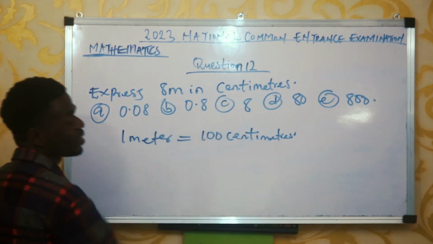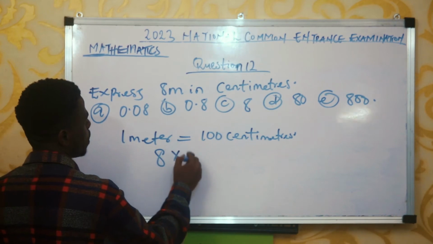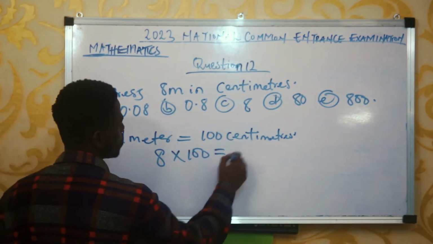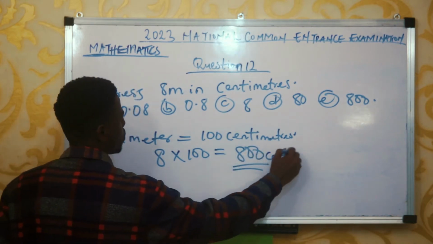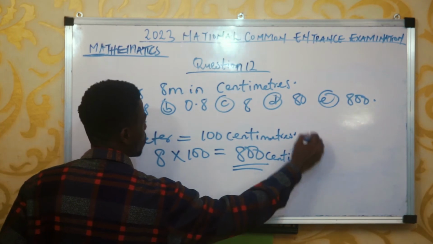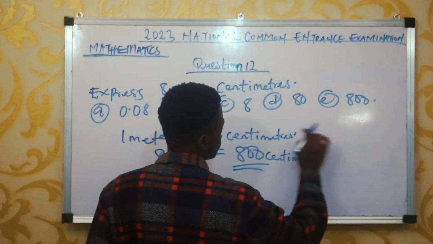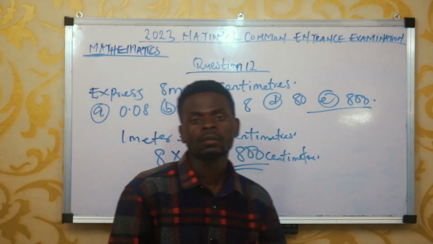Since 1 meter is 100 centimeter, we say 8 times 100. So 8 times 100 will give us 800 centimeter. So our answer is 800. So our answer is option E. Thank you very much.